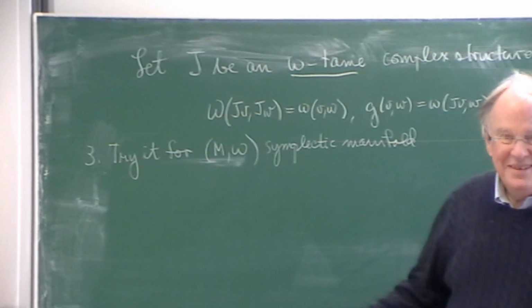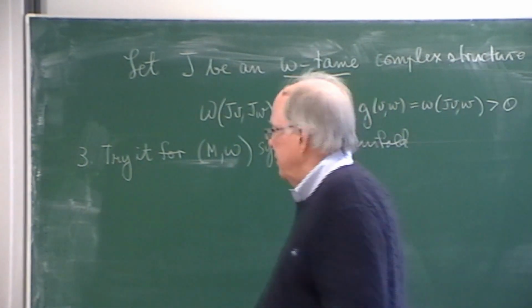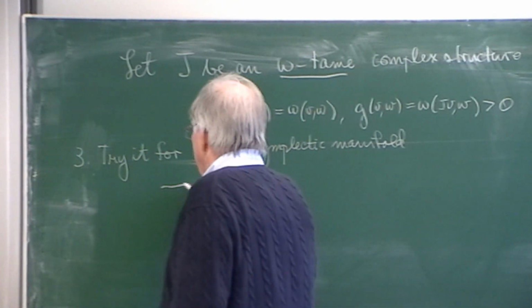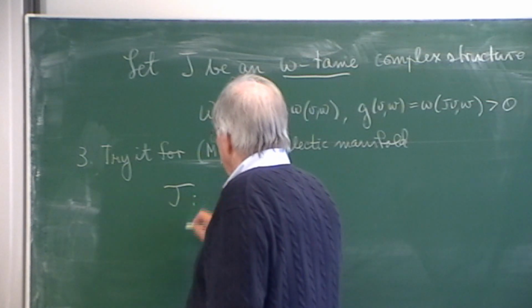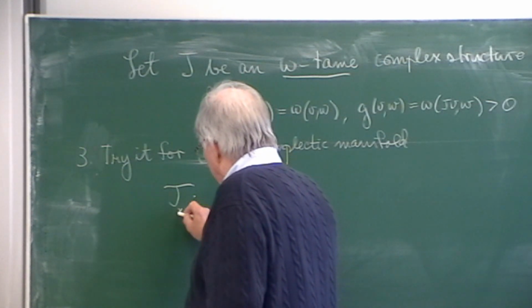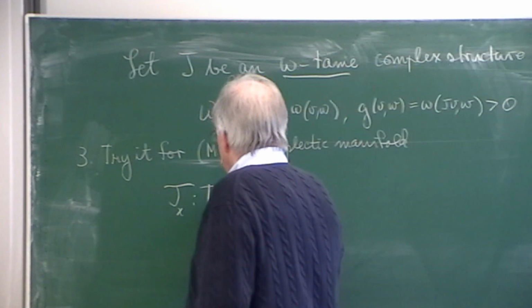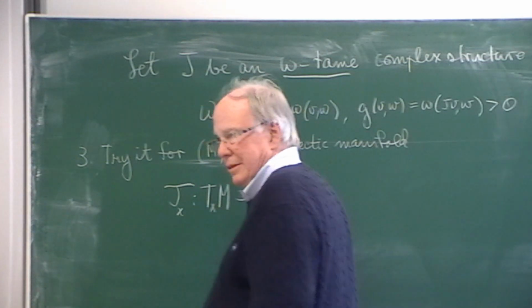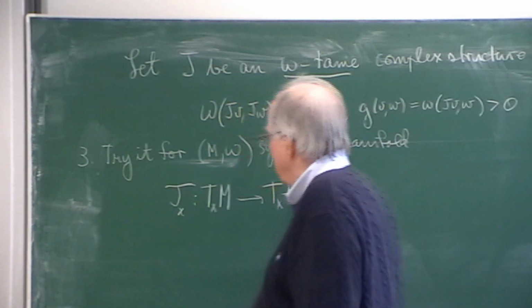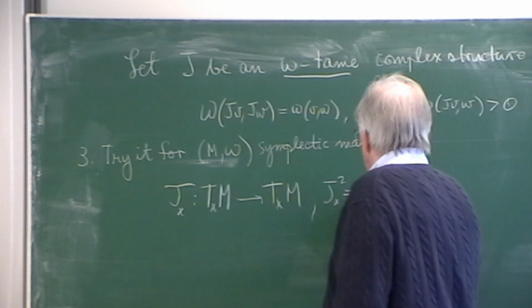Why not? Try the same thing. What does it mean? You should try J. At each point x in the manifold it should be a mapping of the tangent space at x to the tangent space at x, with J_x squared equal minus the identity.